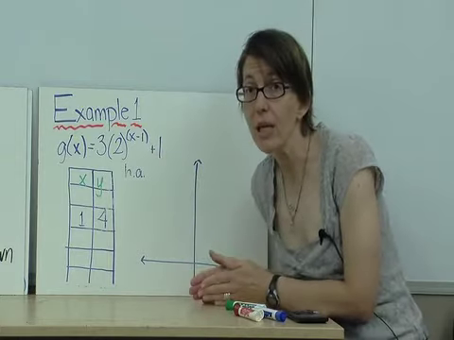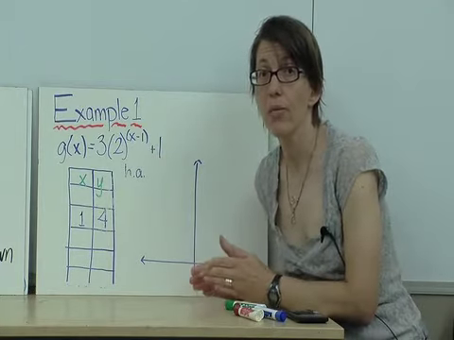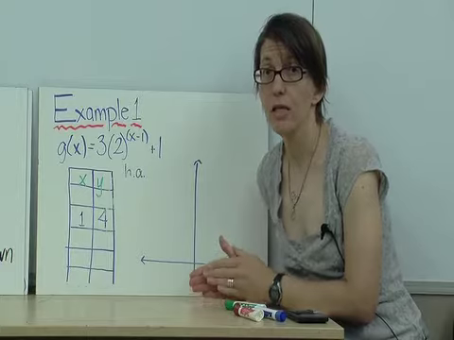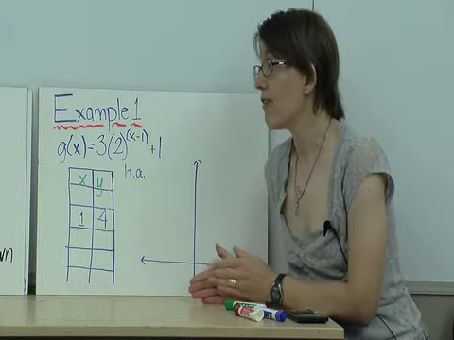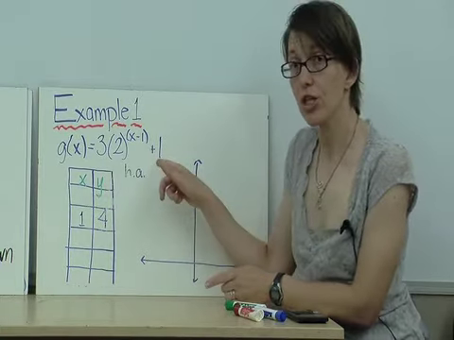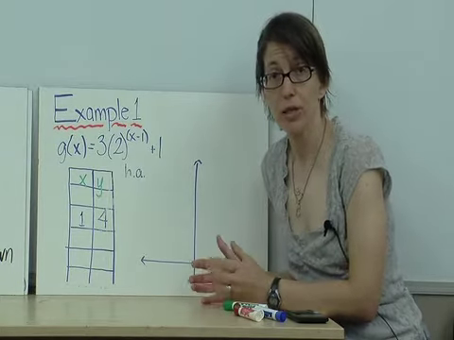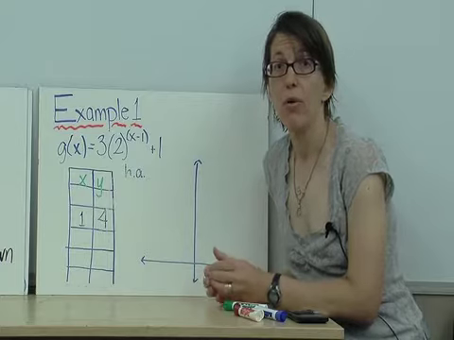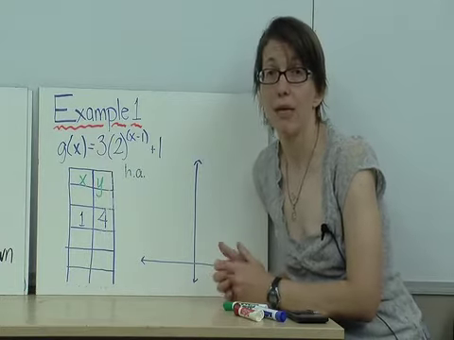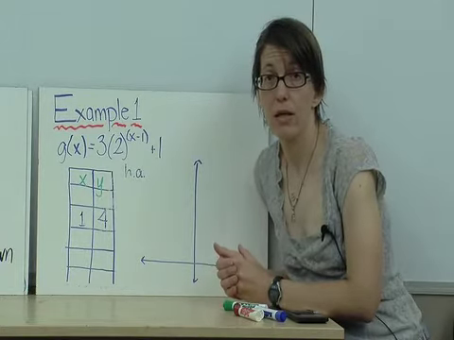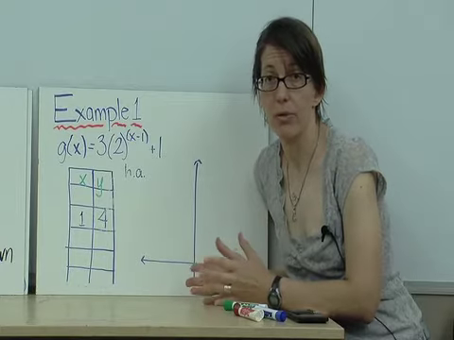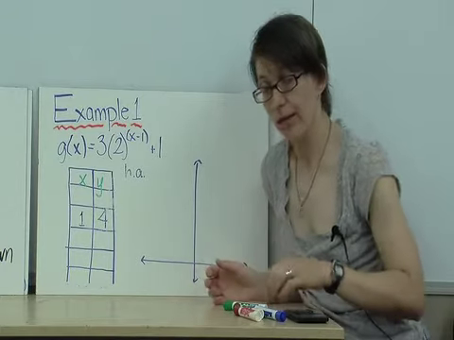If you don't believe me that this is the critical point on the function, please stop now and evaluate this expression when x equals 1. I'm going to make a table of values really quickly, but I want you to also check that my work is correct as I make this table of values. So don't be afraid to stop the video and check all that work.